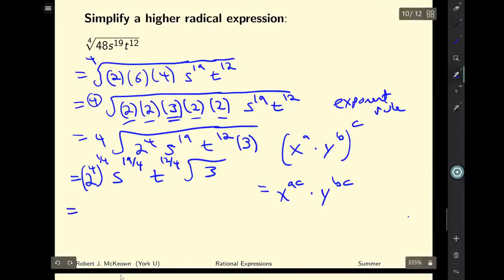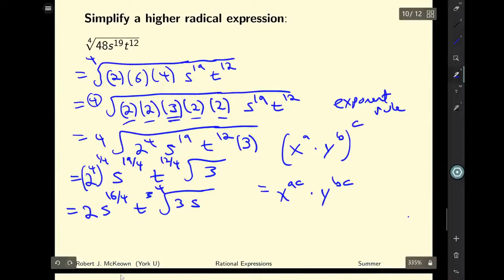Now rewriting this, I'll write s to the power of 16 over 4. And you can see 12 divided by 4 is obviously 3. Now I've still got s to the power of 3 over 4 remaining.